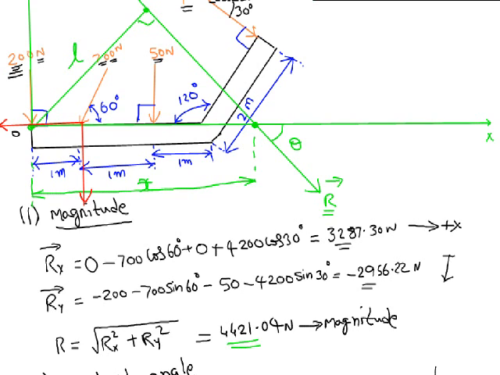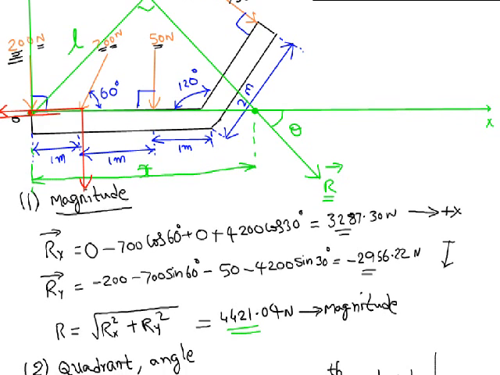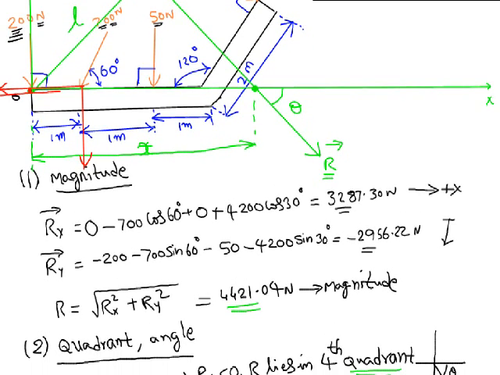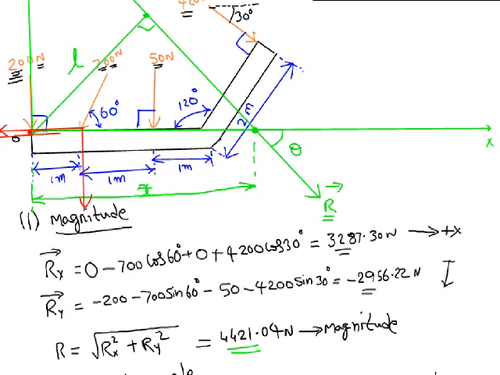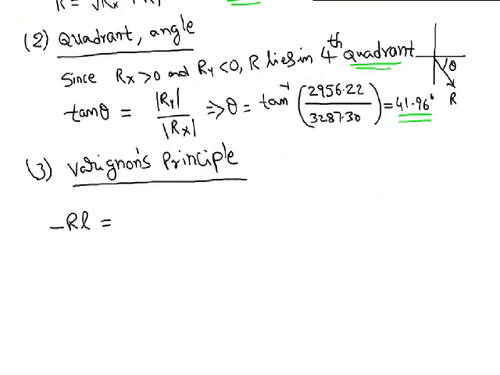This Rx is again passing through the origin, so it doesn't contribute any moment. This force, which is 700 sine 60, contributes a moment, and because this moment is clockwise, we use a negative. So the moment due to the 700 Newton force is minus 700 sine 60 multiplied by 1.